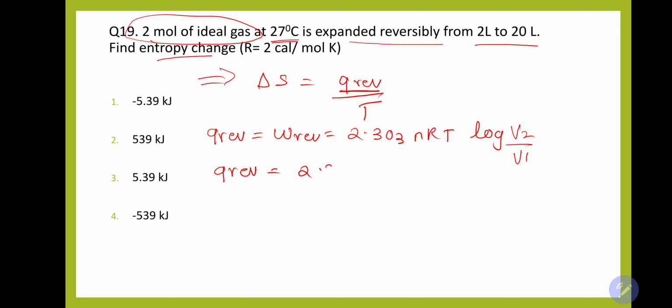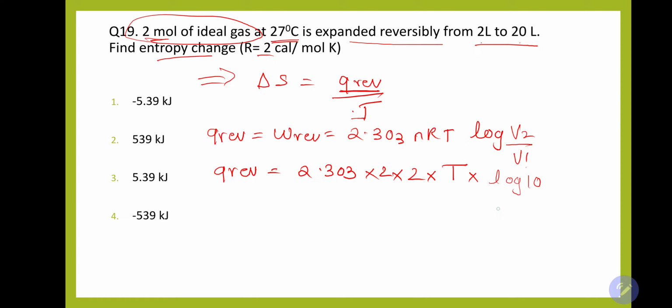It will be 2.303 into, what is the number of moles given? 2. What is the value of R given? 2, into the temperature. Don't write the temperature value, take it as T, because it is going to cancel over here. Into log of V2 upon V1. What is V2 upon V1? It is 20 divided by 2, that is log of 10.